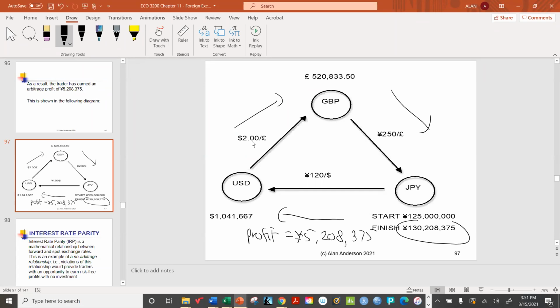What we're going to do next time is work on some of these examples, and then we can carry on with the next type of arbitrage, which involves spot and forward exchange rates. Instead of cross exchange rates, this will involve the relationship between spot and forward exchange rates.